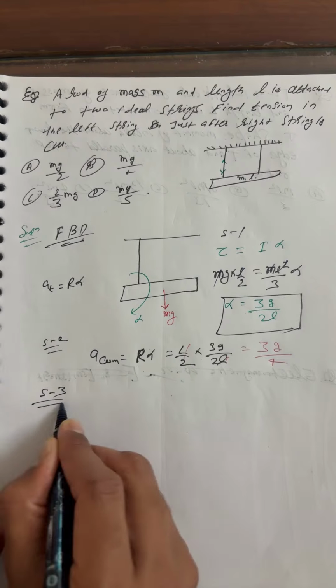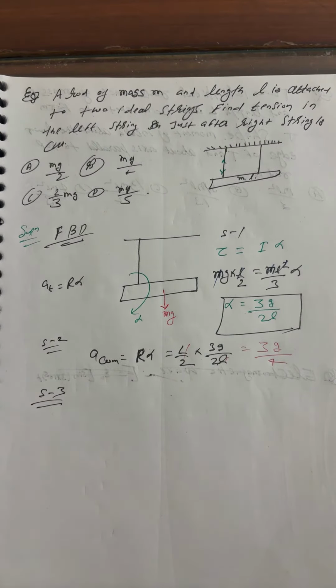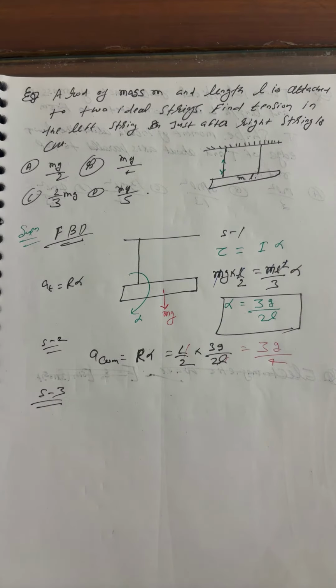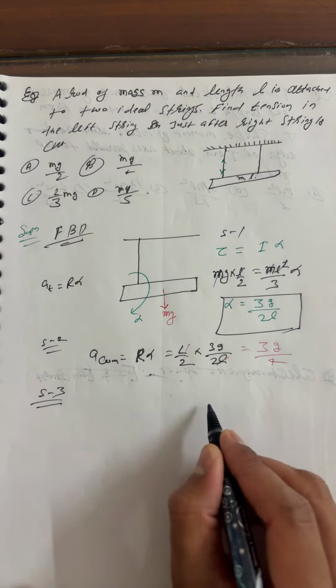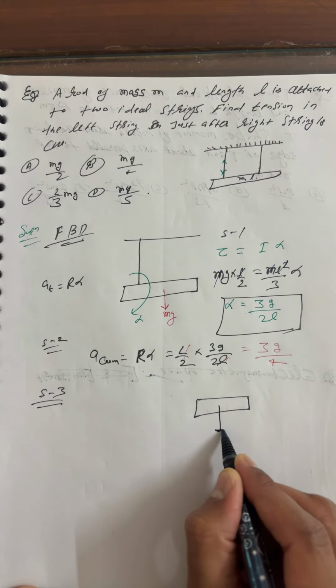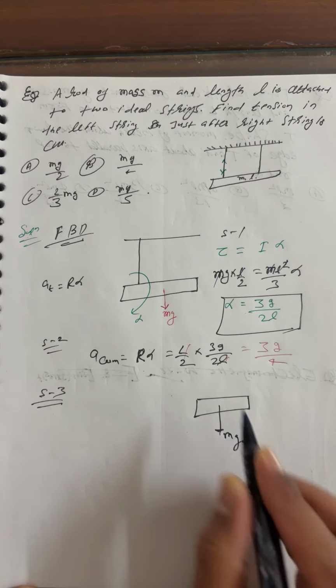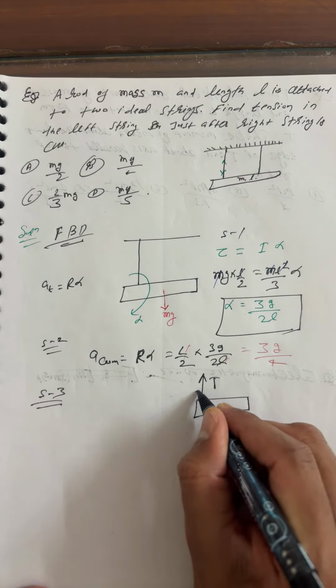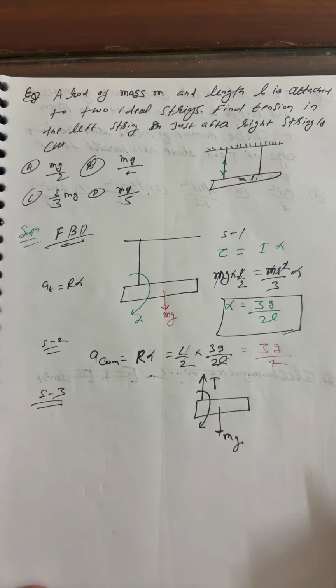Now, students, let's have a look at the further part of the solution. We wish to find the tension. How can we get it? Simply apply the concept of NLM. Make the FBD: mg force acting in this direction, tension acting in this direction, particle motion in this direction.